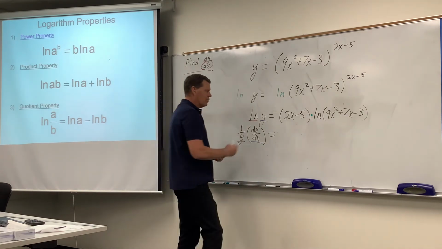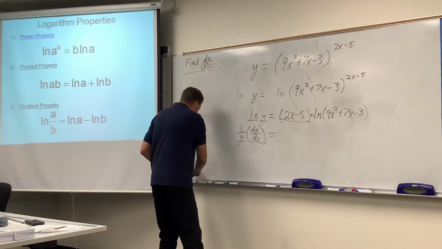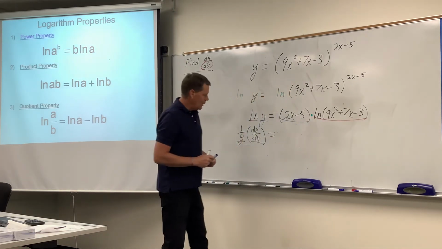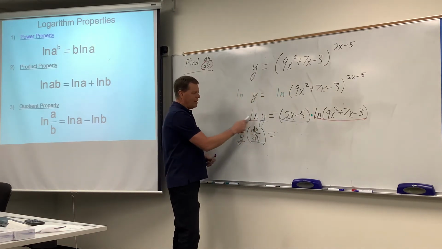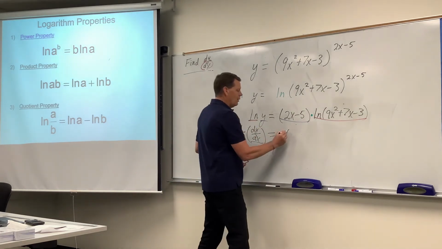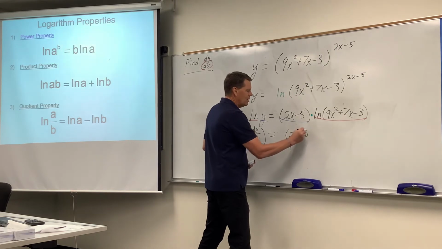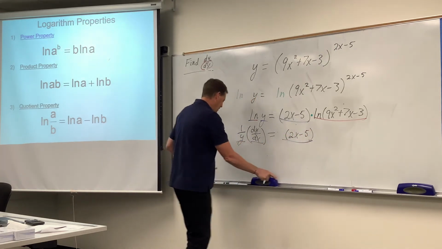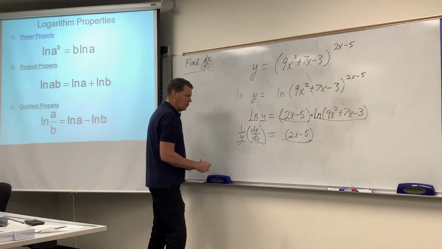We have two factors here. We have the 2x minus 5 being multiplied with this thing here. And so here we go. We've already differentiated this side with respect to x. Now let's do the same thing over there. So we will have the first times the derivative of the second. I can tell I'm starting to run out of room, but we'll make it work.